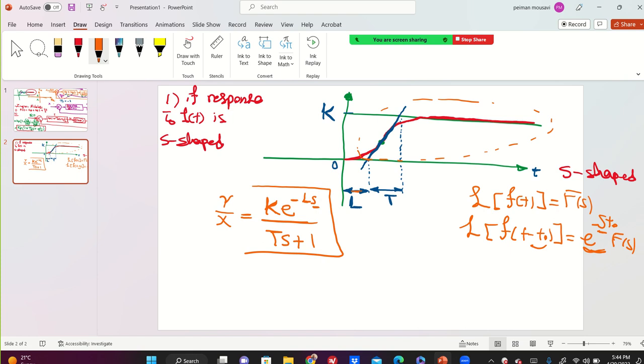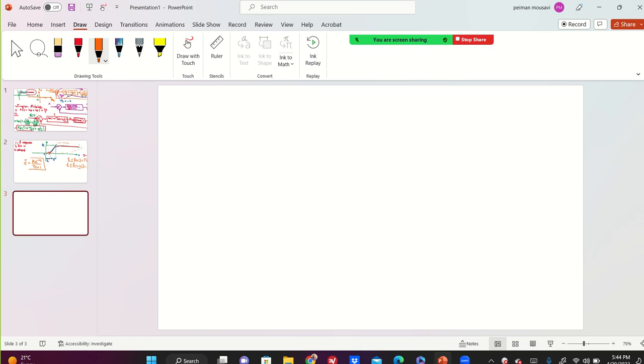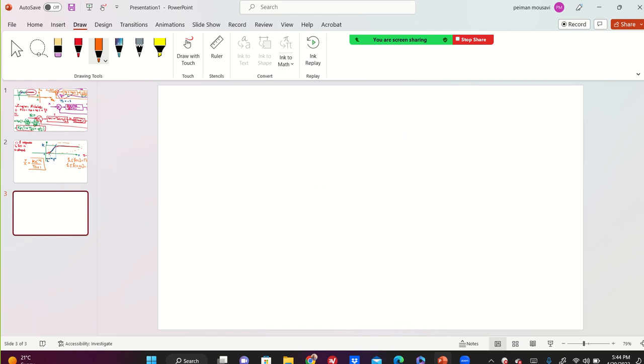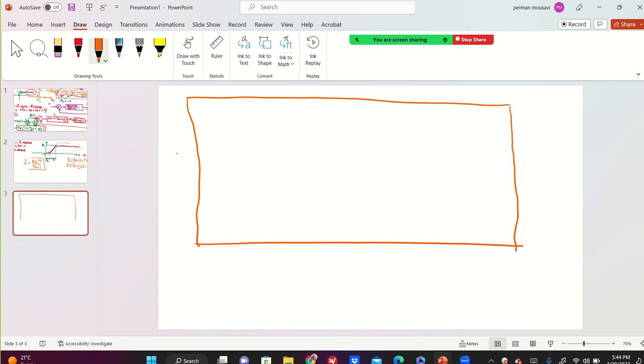So, having that, Ziegler-Nichols says, after finding those L, T, and K, you can use this table and find your KP, TI, and TD of your PID or P or PI controller.